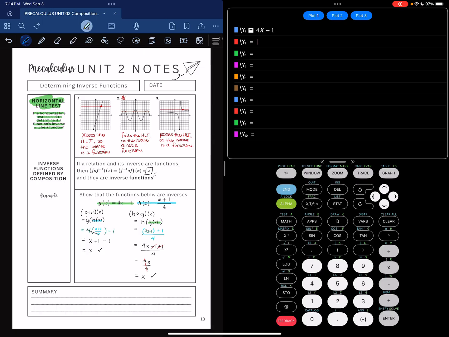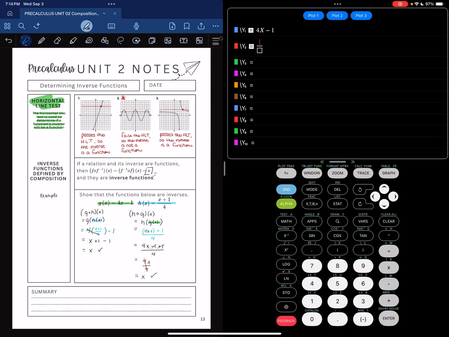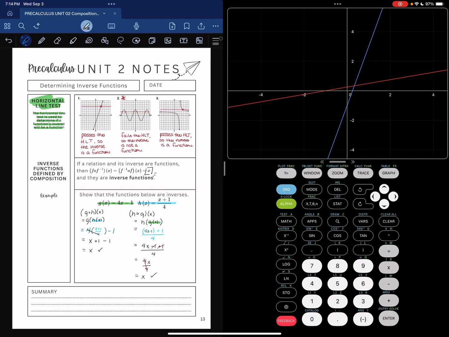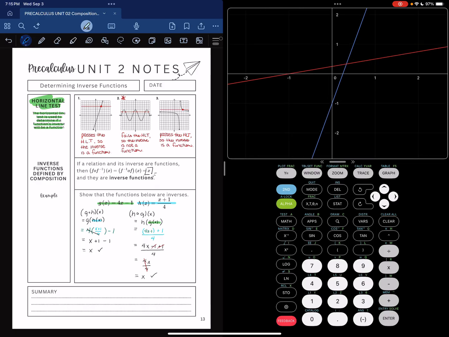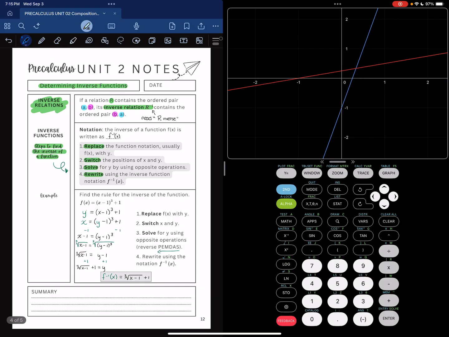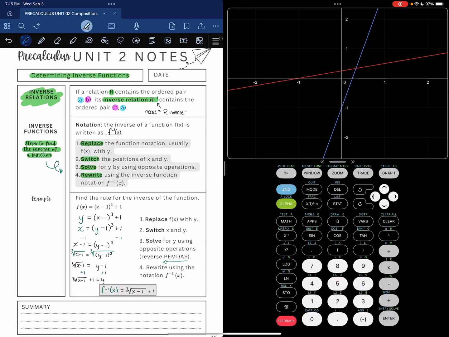And the second one. All right, so you see these two functions here, when graphed, they actually have a really unique relationship with one another. We studied here at the start that what happens is your points reverse each other.